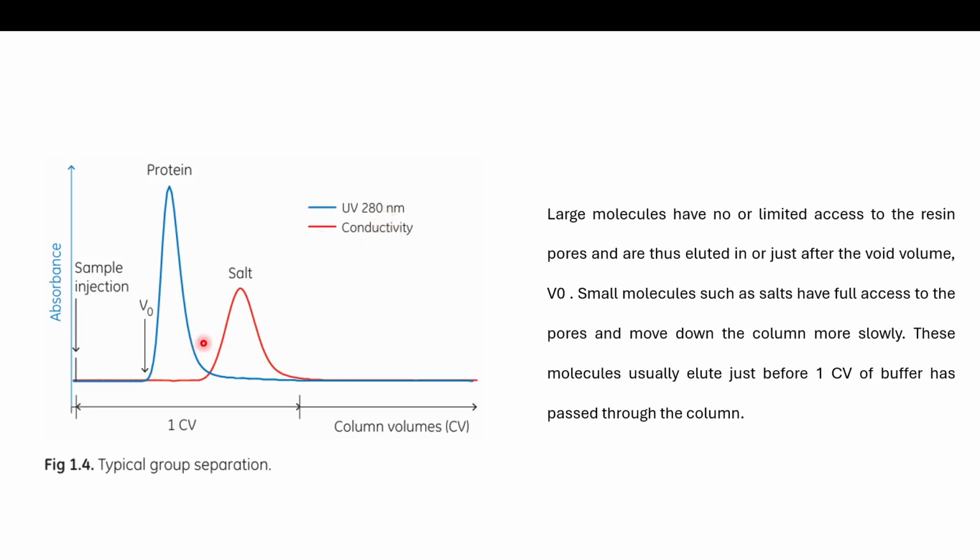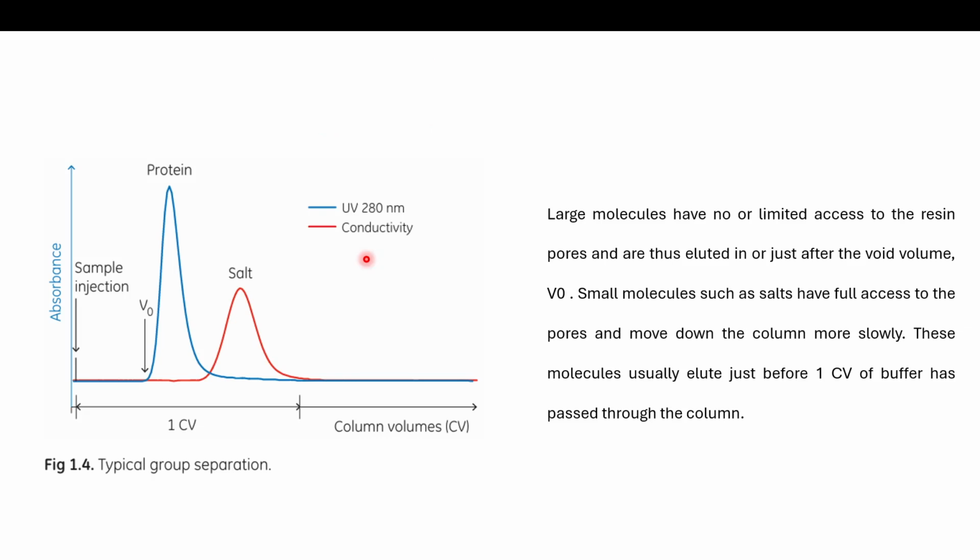There is another thing that we get to see in the chromatogram, that is conductivity. When you equilibrate your column, it will give you a kind of sigmoidal curve wherein slowly your conductivity will increase, but when the column is equilibrated with the same buffer, it will reach a plateau. That means your column is equilibrated.